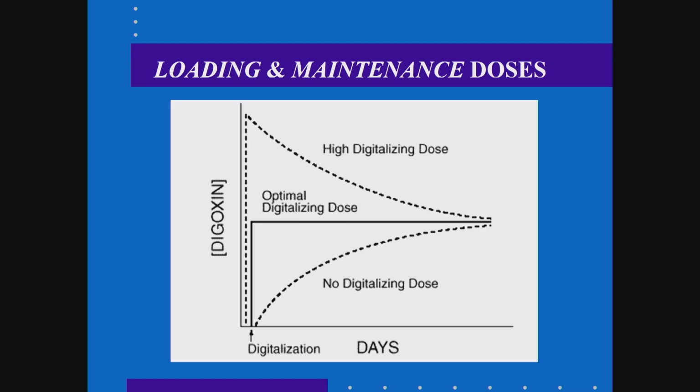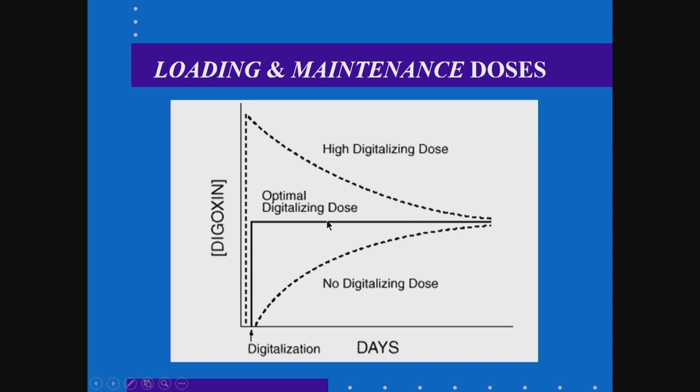Now, let's see graphically what happens in 3 different situations here. The first one is that no digitalizing dose, no loading dose was administered, and the drug is accumulating exponentially until it reaches a plateau. The solid line here would be a situation where a loading dose was administered to establish a therapeutic level quickly, and then the optimal maintenance dose was administered over a period of time.